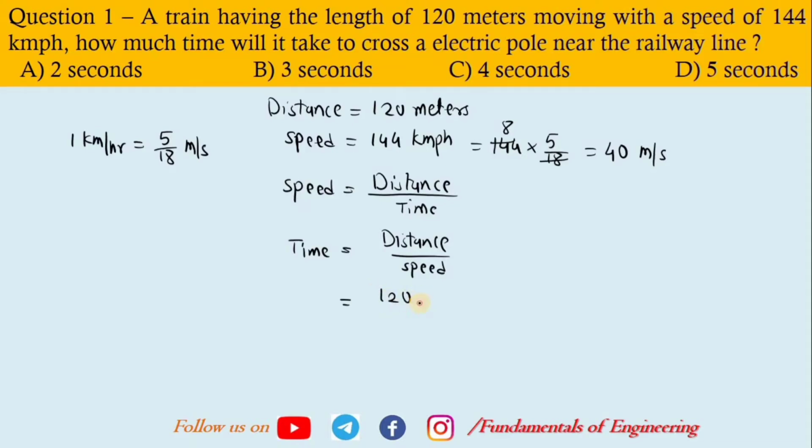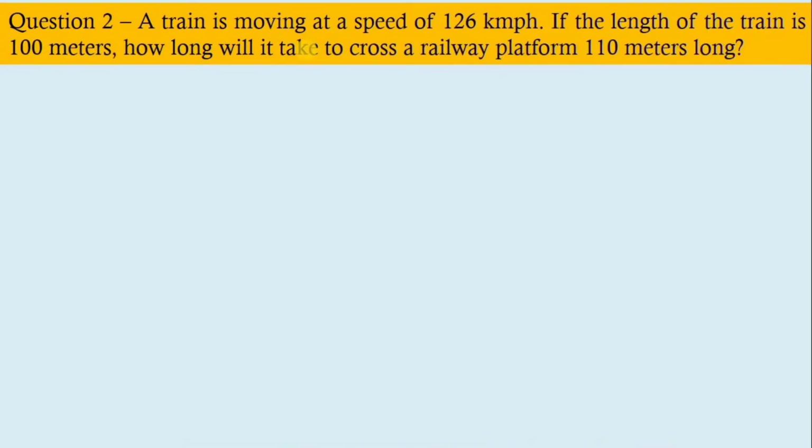Distance is 120 meters and speed is 40 meters per second. If you simplify, we get the time to cross the electric pole as 3 seconds. That is option B. Simple, you just have to remember the concept. For that you can check the various videos regarding trains which are in the description box. Now let's move to the next question.